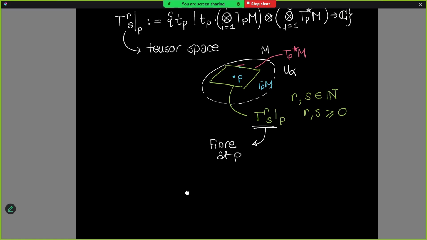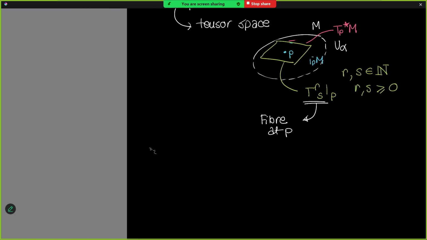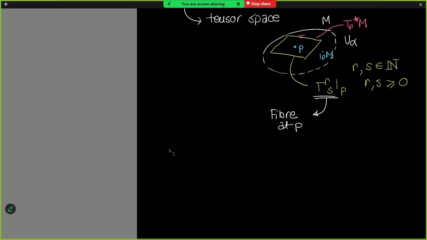And so the way that we can think about this is that we call this space TRS.